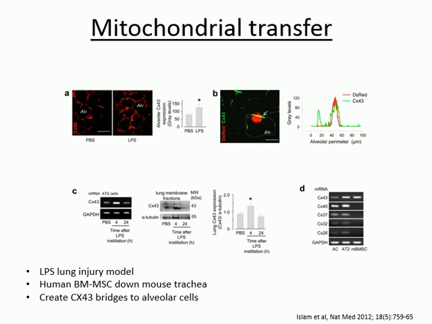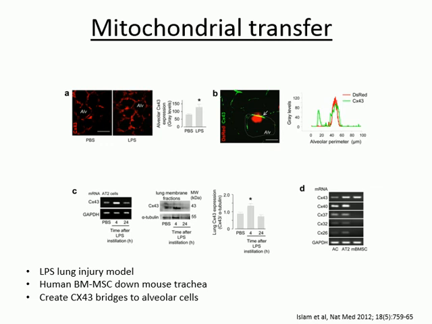They noted that the graft cells formed bridges with the alveolar cells. And the bridges were formed by connexin 43. Connexin 43, of course, is the protein that mediates the cell-cell connections in the cardiomyocytes.